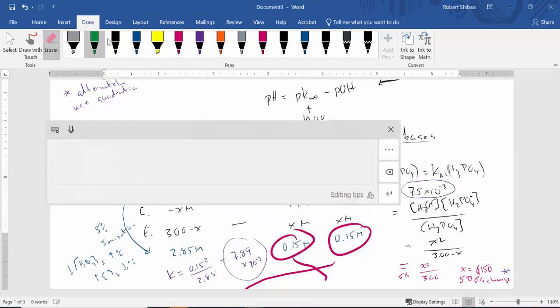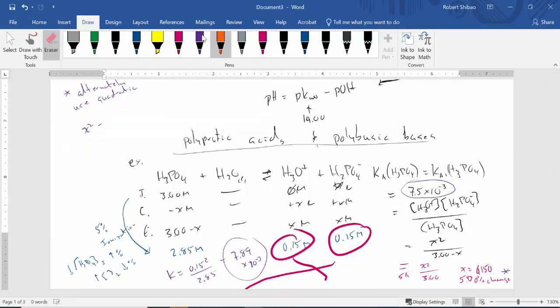I'm just going to write it in decimal form. x squared minus 0.0075x, and then 3 times 0.0075, that should be easy, just do 0.0225, plus... actually, what would that be?